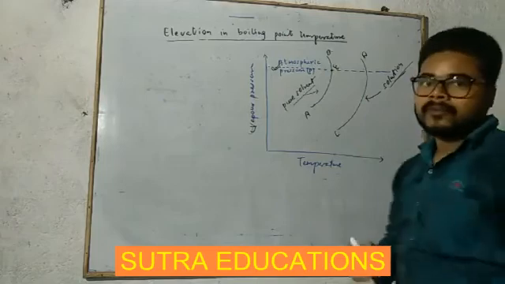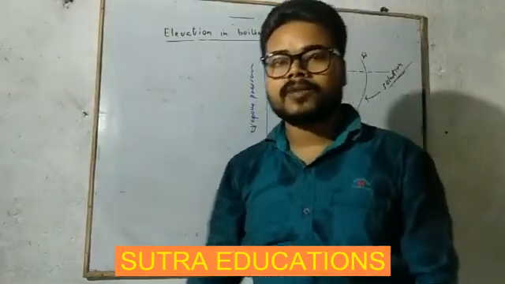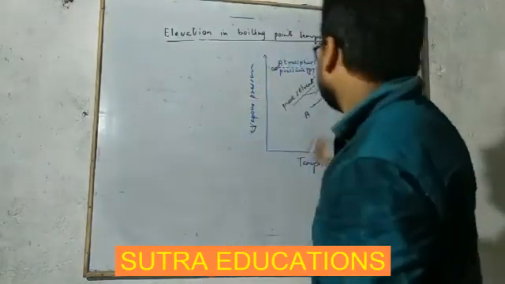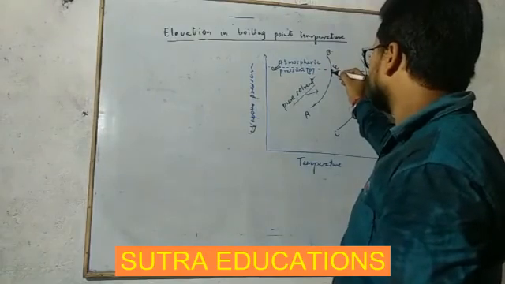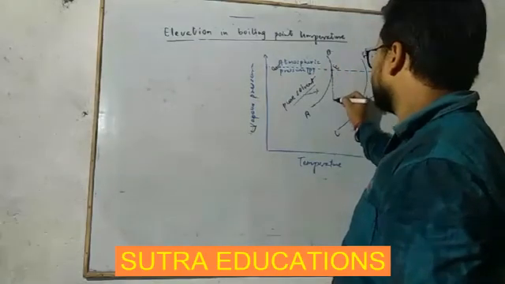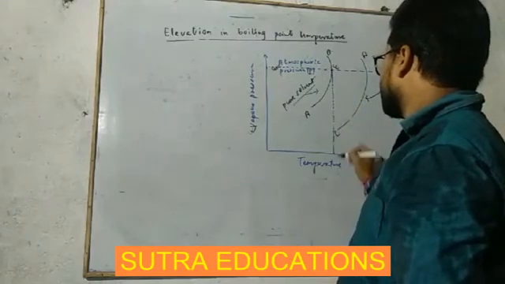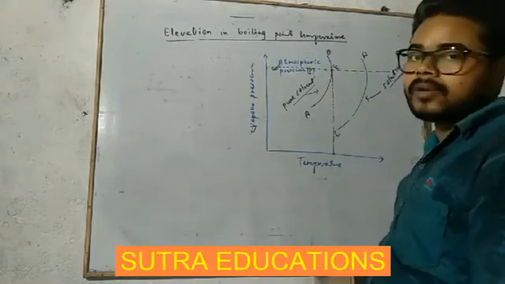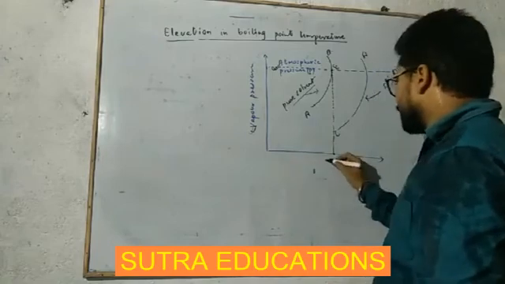And we know when vapor pressure of a liquid becomes equal to the atmospheric pressure, that temperature is known as boiling point temperature. So we say this is the boiling point temperature of this pure solvent. So say this is T0B.